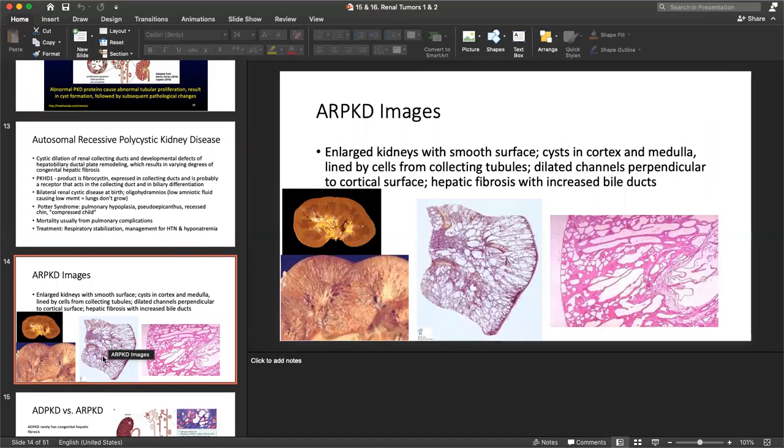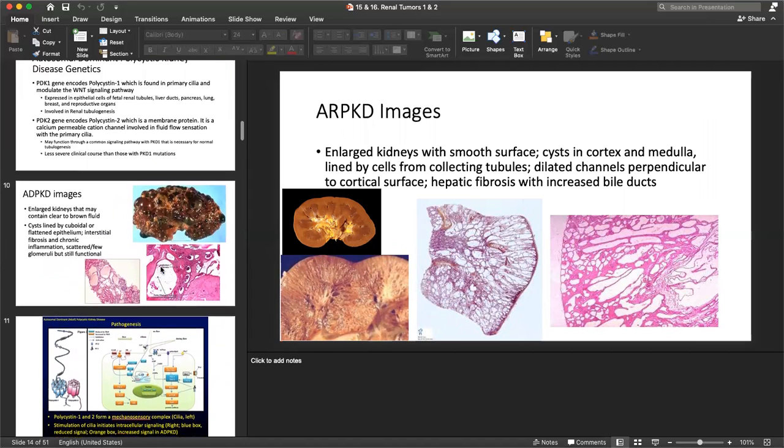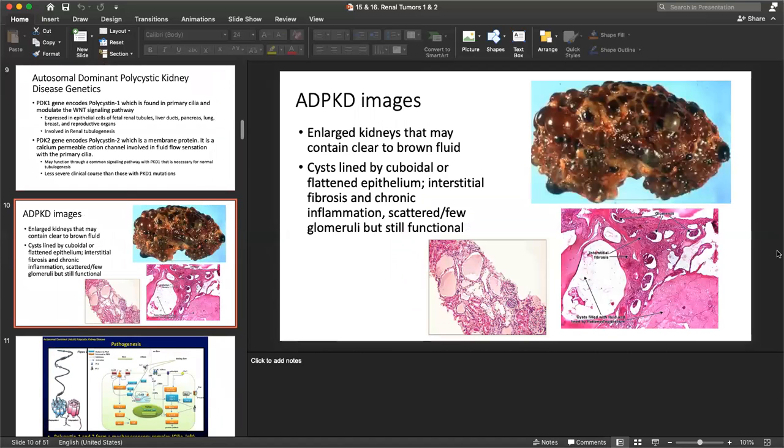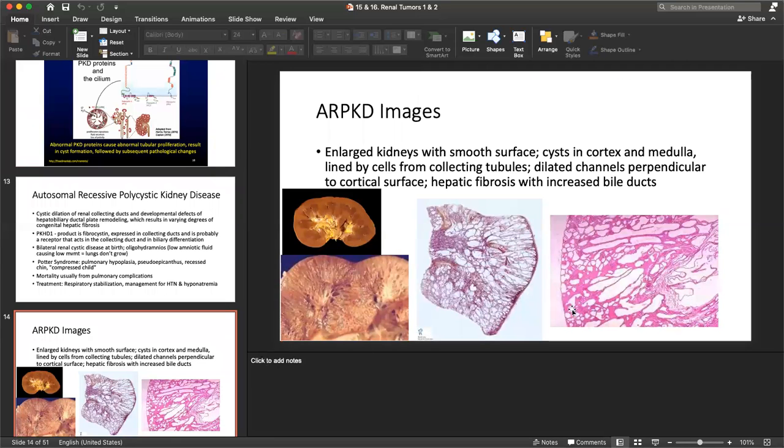So looking at this, it's not even really cystic. It doesn't even look cystic; the outside looks fairly normal compared to our autosomal dominant kidney. But I think of these as kind of like tubes almost.